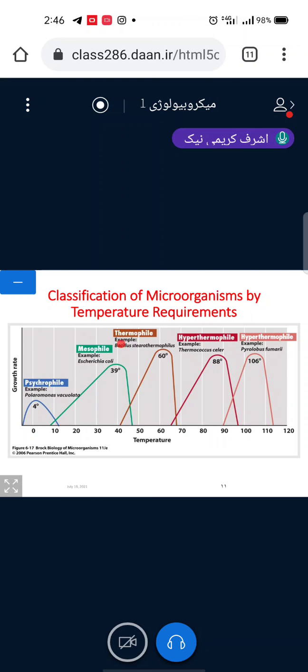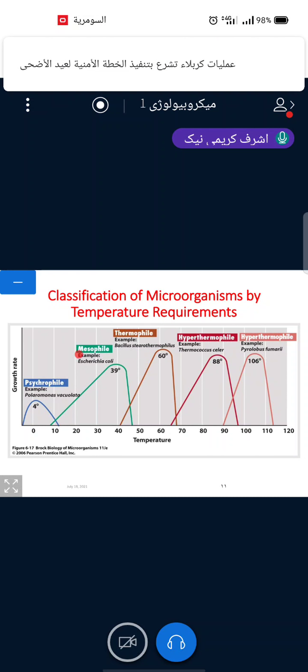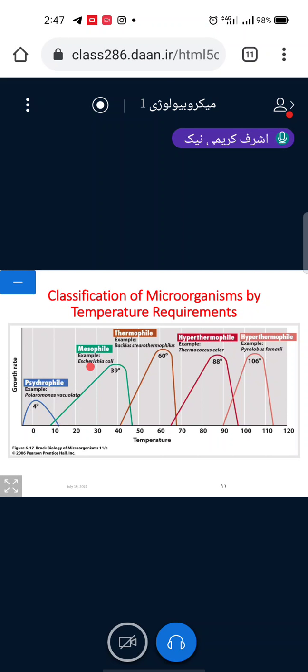After that, thermophile, which likes heat, for example Bacillus stearothermophilus. Mesophiles are such as Escherichia coli and Staphylococcus aureus. Psychrophiles are such as Chloromonas, Pseudomonas, and Acinetobacter, for example.